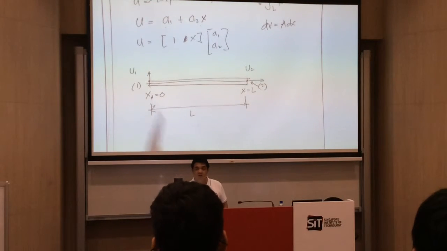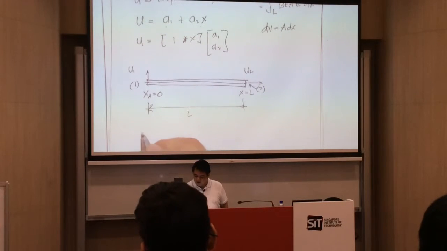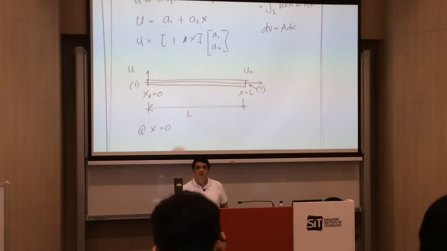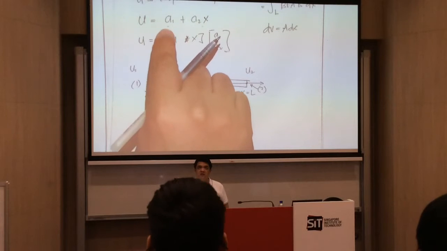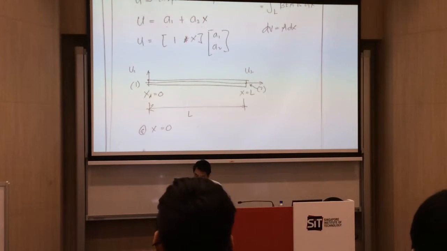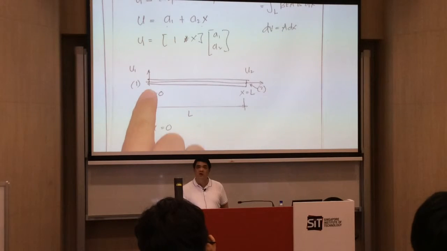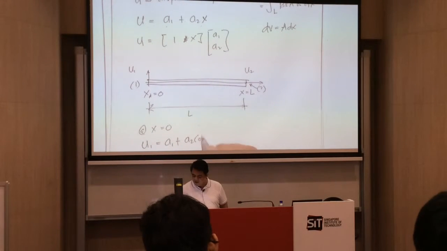So let's try now. Let's say that we have x equal to 0. We can now substitute these values to this one here. So we have u1, because that is at point 1, u1 is equal to a1 plus a2 multiplied by 0.